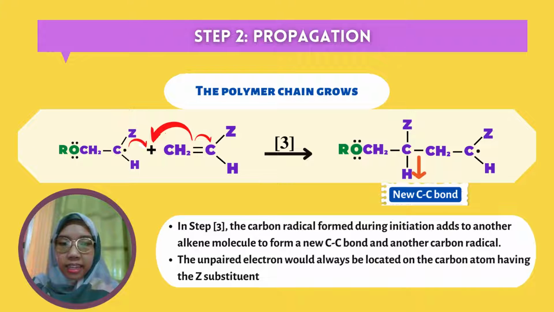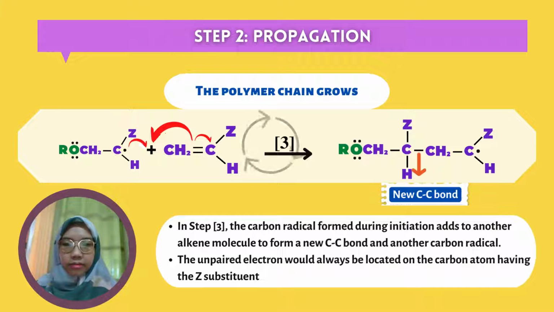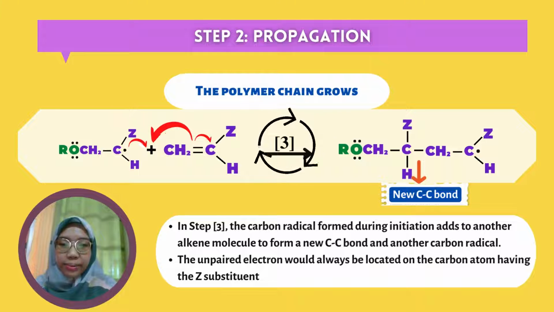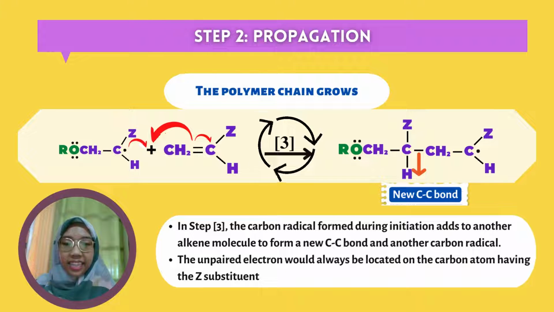The carbon radical formed during initiation adds to another alkene molecule to form a new carbon-carbon bond and another carbon radical. The unpaired electron will always be located on the carbon atom having the Z substituent. The new carbon radical would react with a new alkene and continue the long polymer chain. Thus, this step would be repeated again and again.